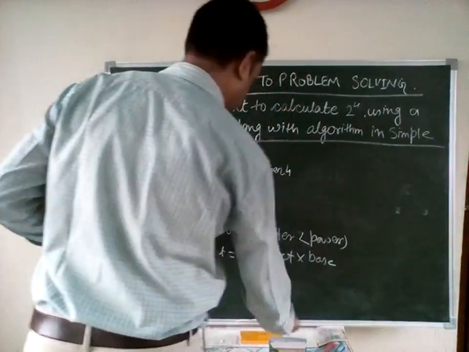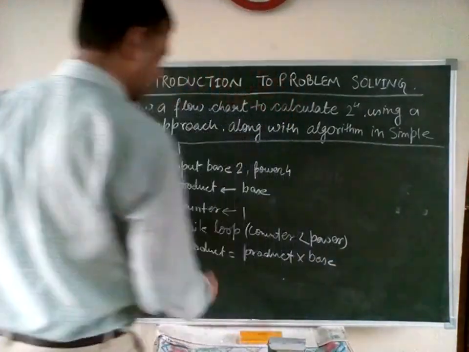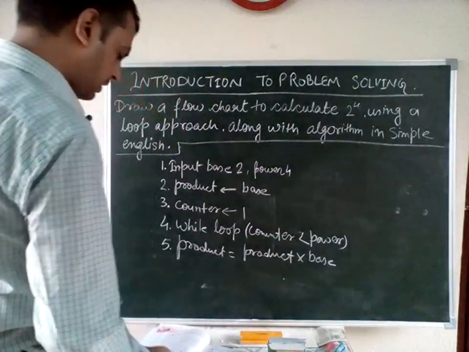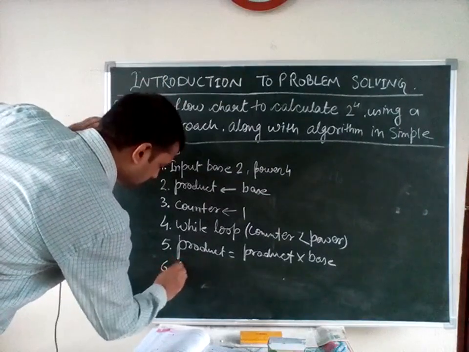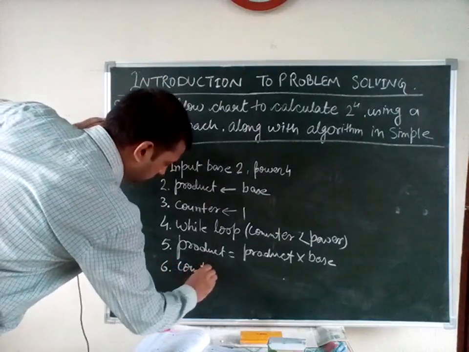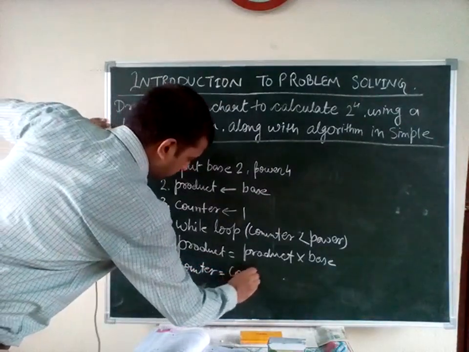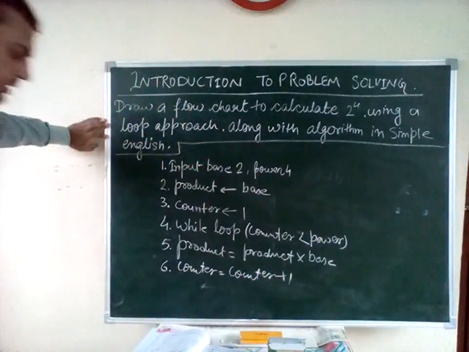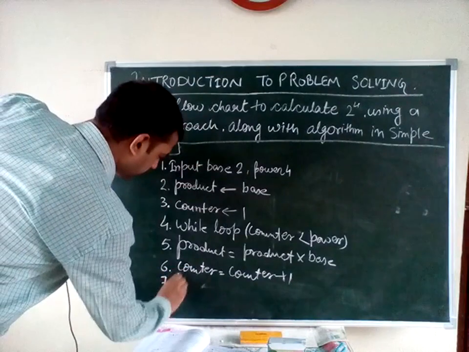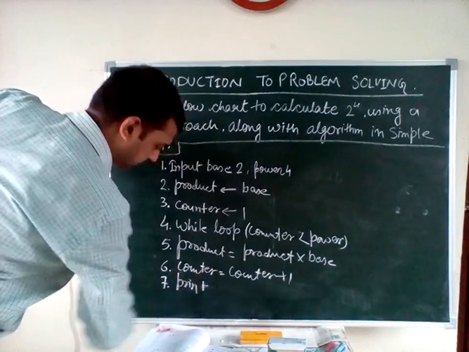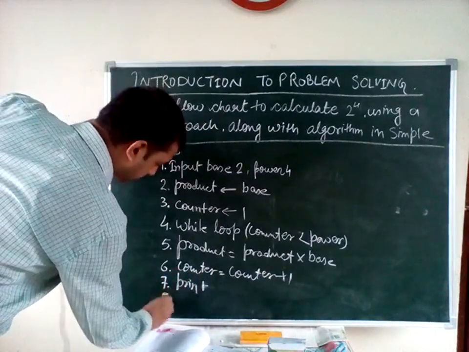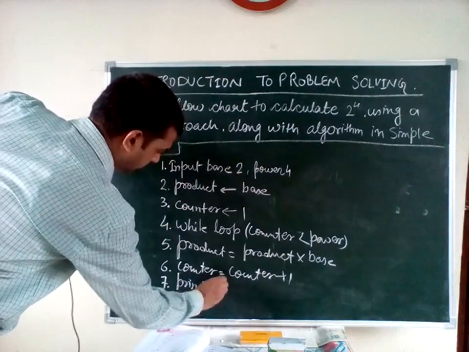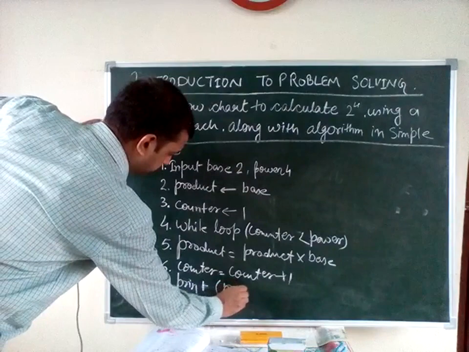So basically this is the simple English in which I am thinking to write the code. Then after that, counter should be increased, counter equal to counter plus 1. And then seventh, I will print the answer, and then eighth, I have to stop, means print the product.